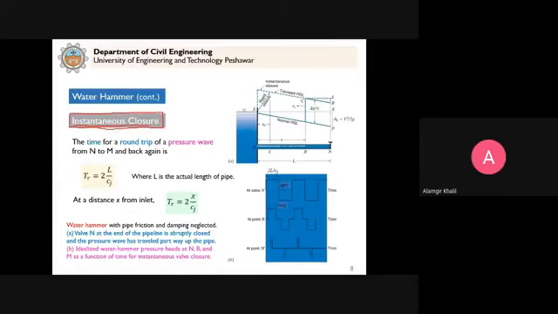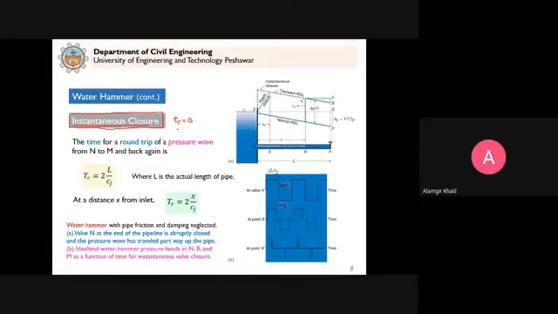Instantaneous closure means that the time of closure Tc, as denoted in your textbook, is equal to 0, meaning you instantly close the valve completely.